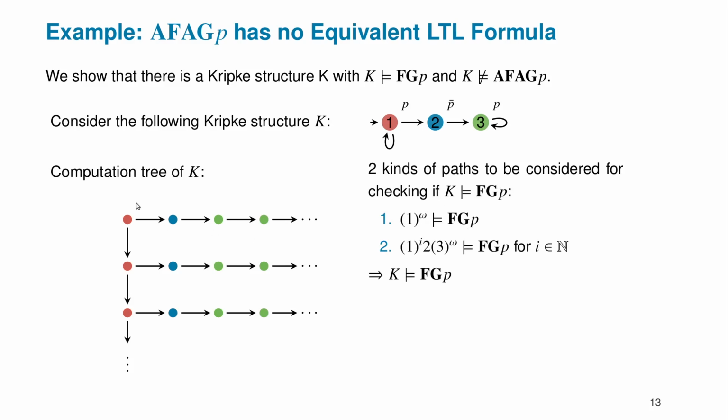So one trace is simply the path which we get when we just stay forever in state 1. I write this here now with the omega notation, so we visit state 1 infinitely often. And the other paths work as follows.